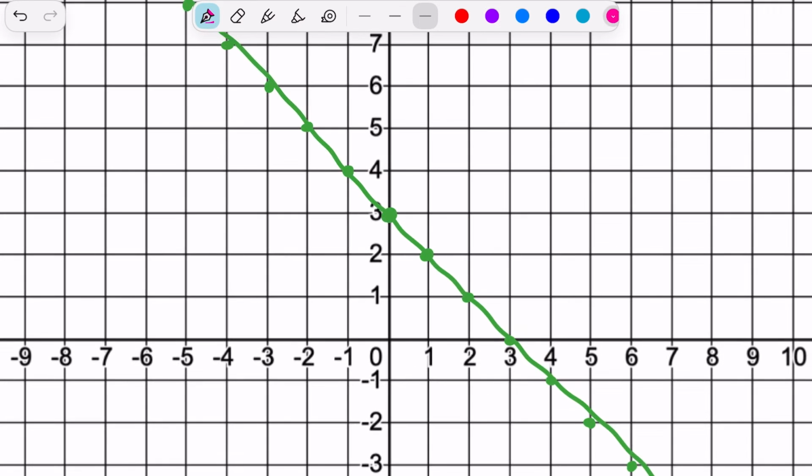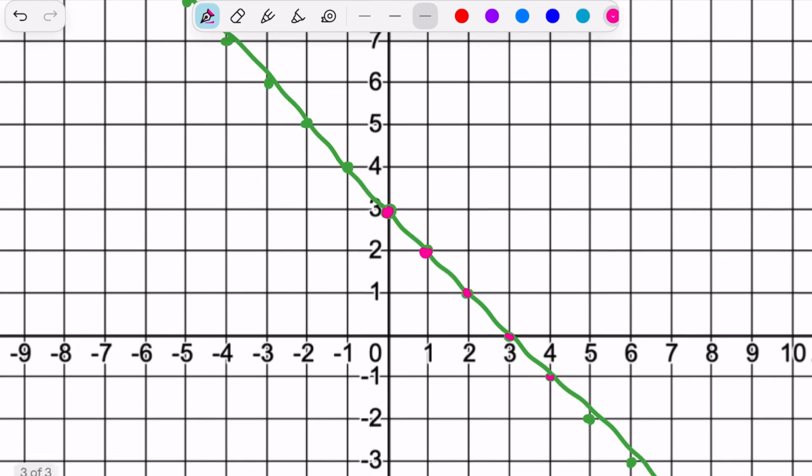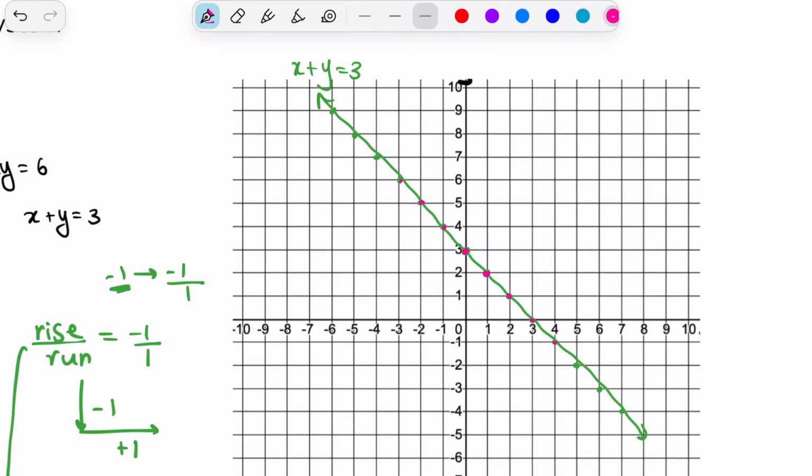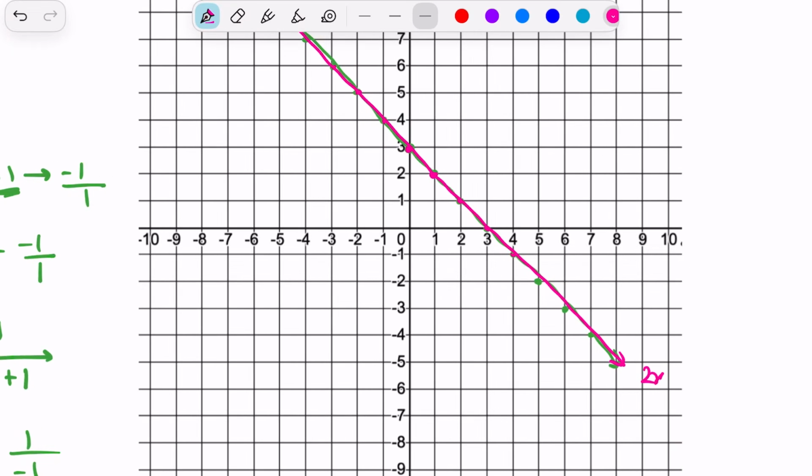And it's going to be the same, so literally the same points and everything. And then I'm just going to go over it. It's the same line, so then we can label this one 2x plus 2y equals 6.